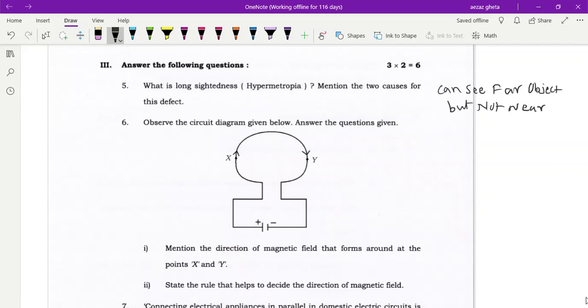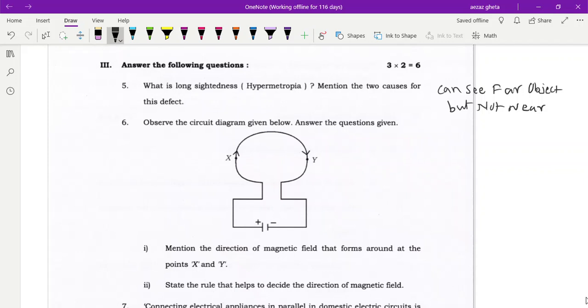You should be perfect with any one of the eye defects: long-sightedness, short-sightedness, then cataract and presbyopia. Remember this. I think either long-sightedness or short-sightedness will be there in your board exam. So a person can see far objects clearly but not near objects.